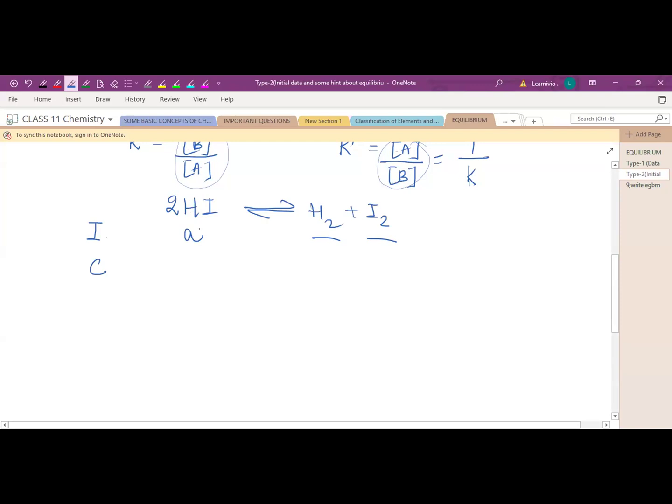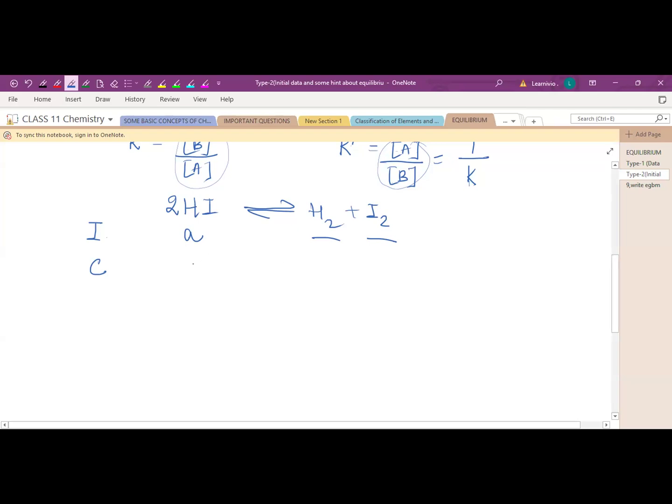So after some time, what happens? Suppose X concentration has been used up. You know very well the concentration of reactant will reduce. How much will it reduce?